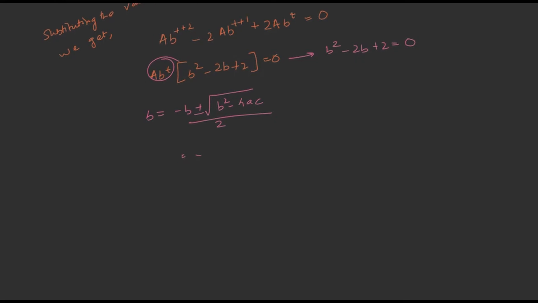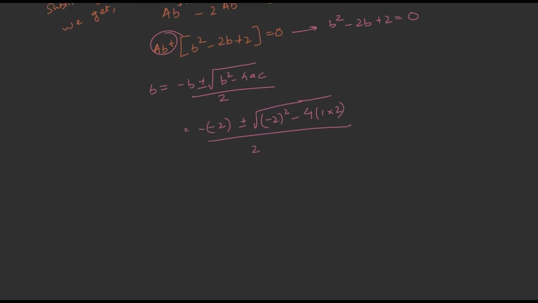So b equals minus of minus 2, plus minus the square root of minus 2 whole square minus 4, where a is 1 and c is 2, divided by 2. That equals 2 plus minus the square root of 4 minus 8, by 2.